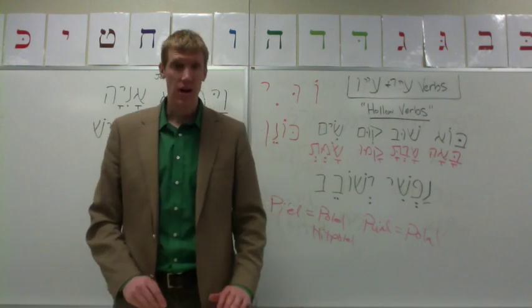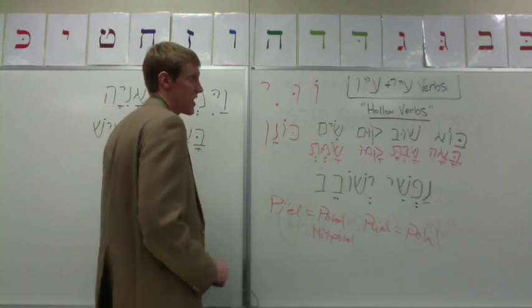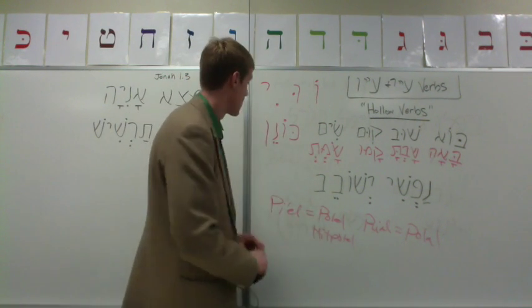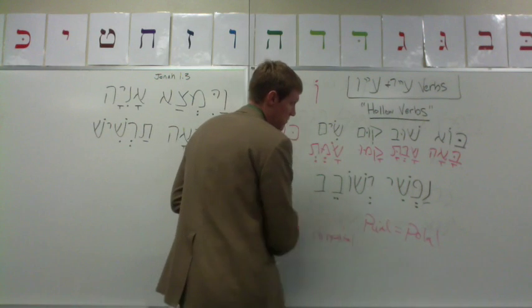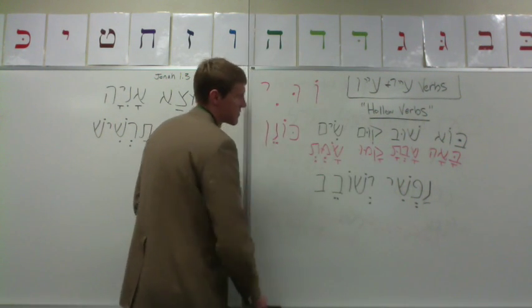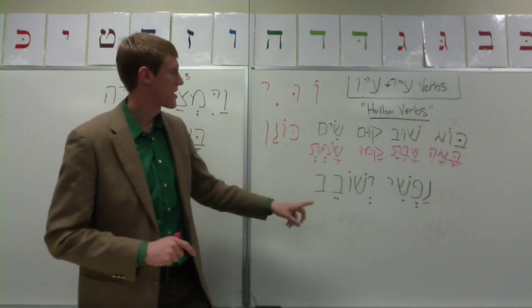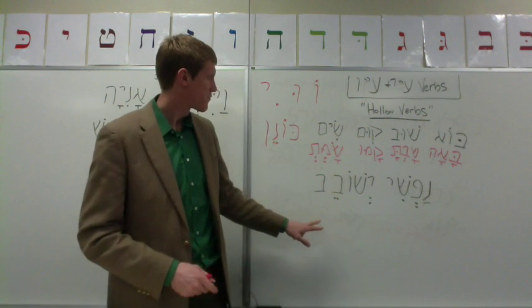Now if we have a hollow verb in the imperfect, or its sister form, the vav consecutive, I wanted to give you one more example of the polel.